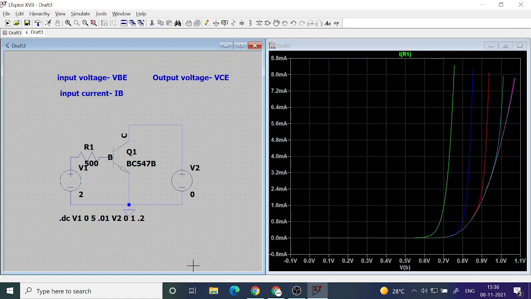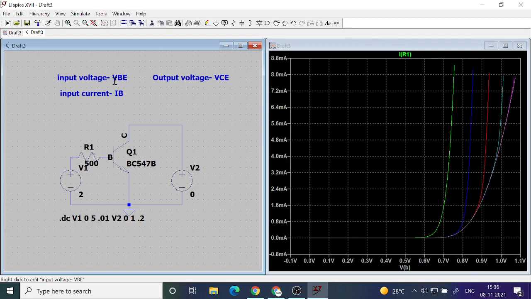Okay, now let's go to output characteristics. Now what is the output current? Just like I said about input characteristics, output characteristics is a plot of output current versus output voltage for a fixed input voltage or input current.